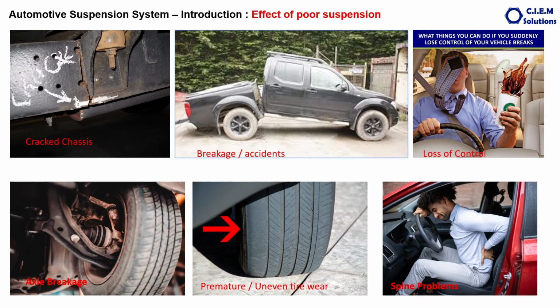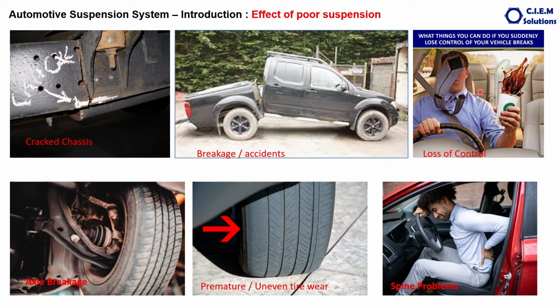If the suspension system doesn't function properly, what happens? The stresses developed due to the transmission of vibration shocks lead to cracks in the chassis and sometimes even breakage. And there is a lot of discomfort to the driver, and loss of control.